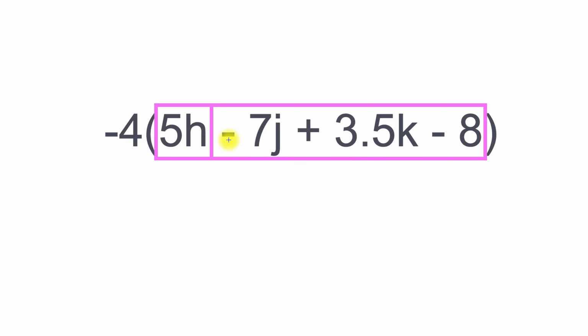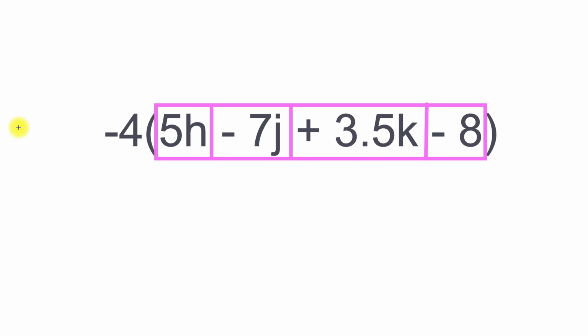The next term starts here, that's negative 7j, and ends right before our next plus or minus sign. Our next term starts here and ends before the next plus or minus sign, and that is our third term, positive 3.5k. And our last term is negative 8. So we've got 4 terms here, 1, 2, 3, 4.